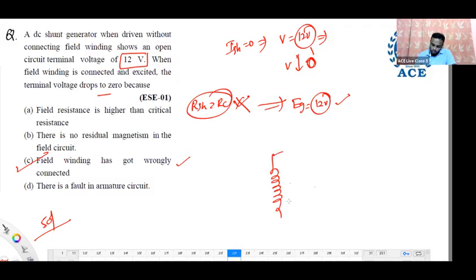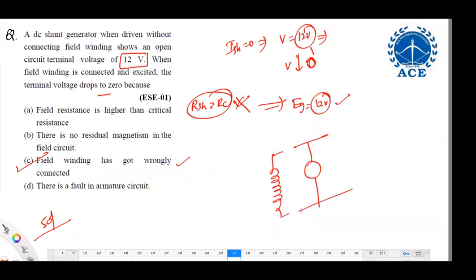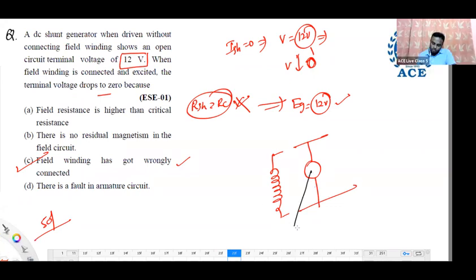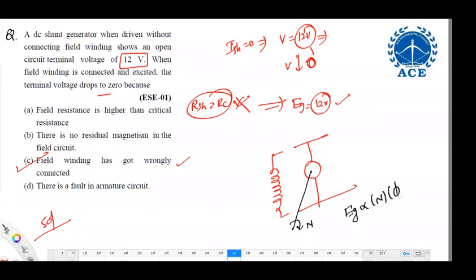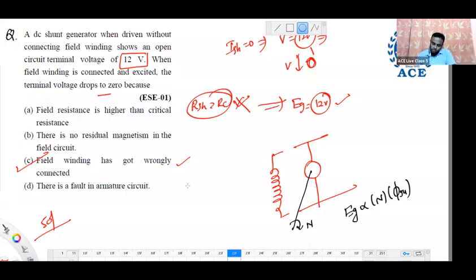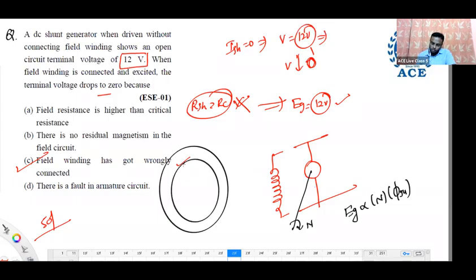See, wait. Suppose the field winding is not connected. Now you are rotating the generator. Okay. Now, is residual flux there or not? Yes, sir. That is only, it's not connected, no, sir. Residual flux lies there, not with the winding. That's why I gave 2 figures every time. These 2 figures are important. Even if it is not connected, no problem, because poles are there.